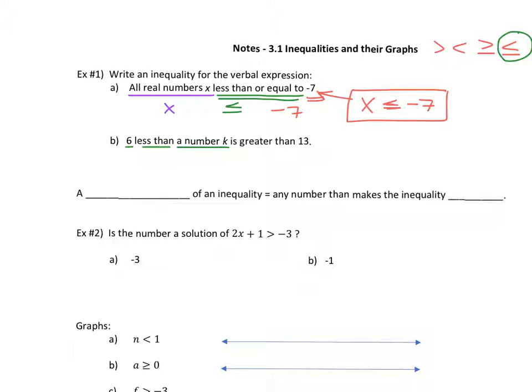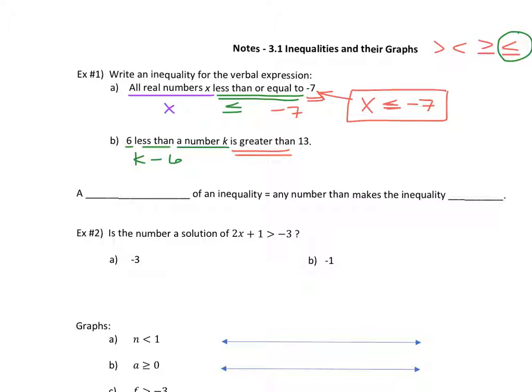6 minus the second one. Okay. It's not 6 minus k. Okay, you could write it that way. Remember, this is the one when it's less than like that, we often switch it, right? We're saying minus. So really what we're saying here is k minus 6. And then is greater than, okay?